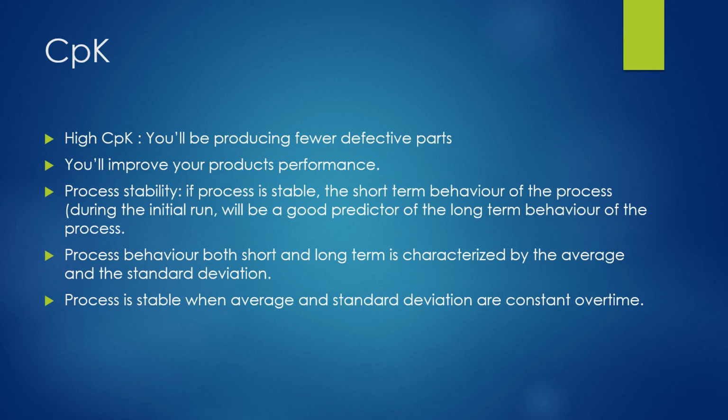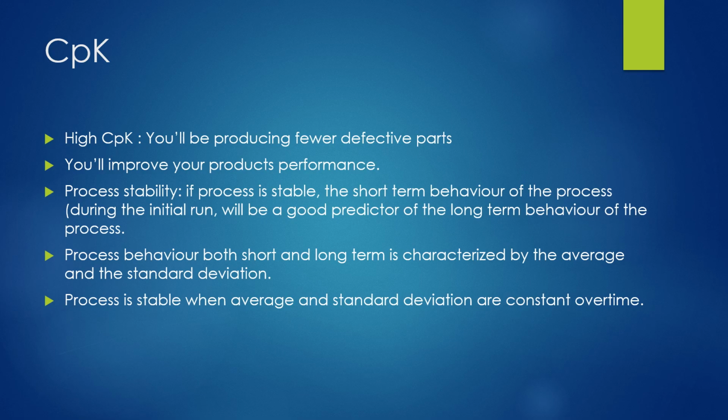So whenever the standard deviation as well as the average are within the limit and they are constant over time, then we can say my process is behaving well. So process is stable when average and standard deviation are constant over time.